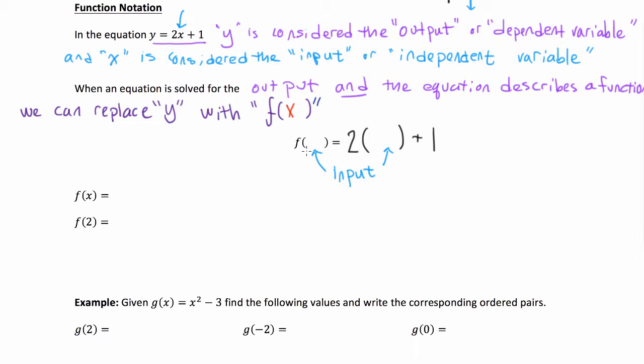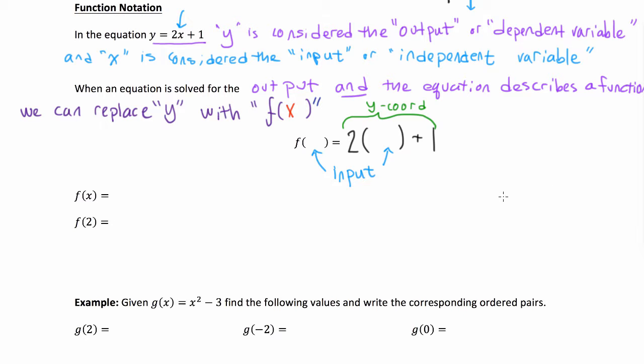So whatever I'm plugging in here, and you can see over here it's telling you what to plug in, whatever I plug in is going to get multiplied by 2, and then 1 is going to get added to it. So this whole thing is going to be the y-coordinate that corresponds to a particular x-coordinate.